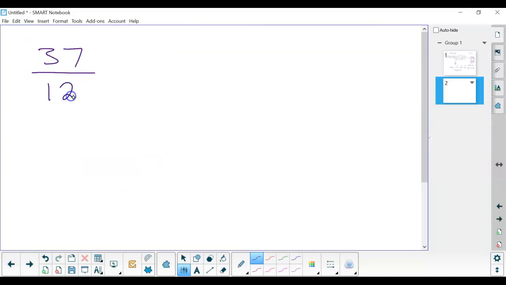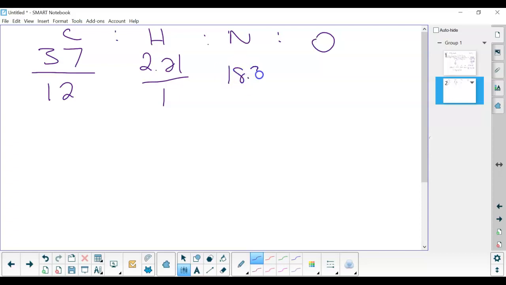When you do this, then remember to do empirical formula. You take the percent. This is carbon. This is going to be hydrogen, nitrogen, oxygen. Divide by each molar mass.